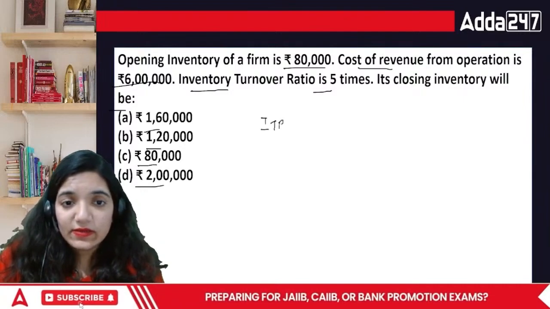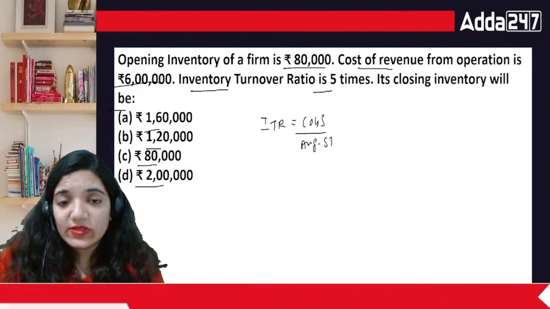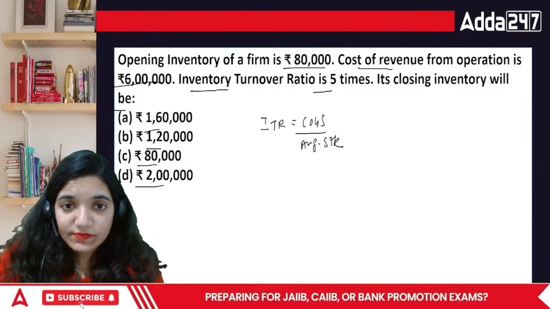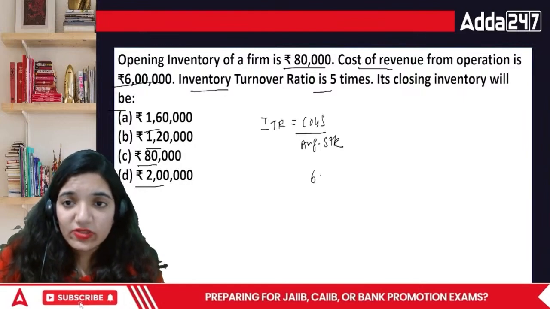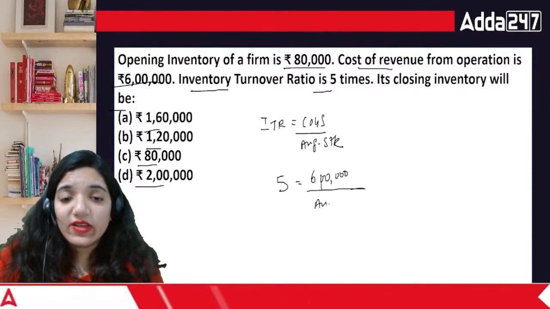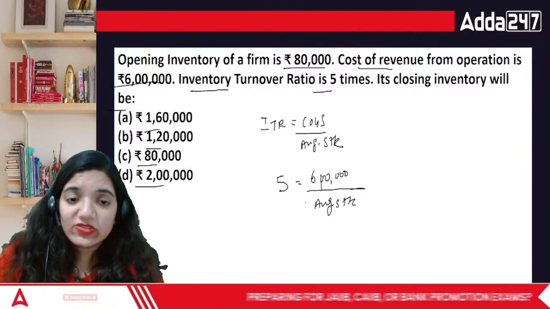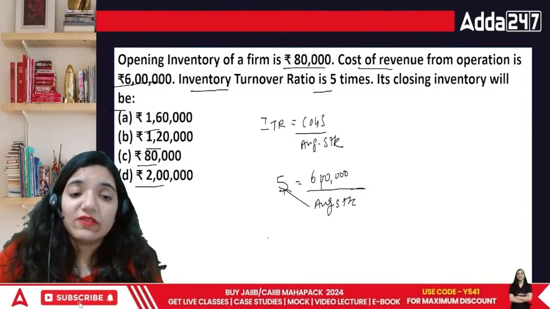ITR is equal to COGS upon average stock. Your COGS is given, which is 6 lakhs. Your ITR is given, which is 5. But your average stock, for the time being, I don't know about. So you take average stock on the above side.